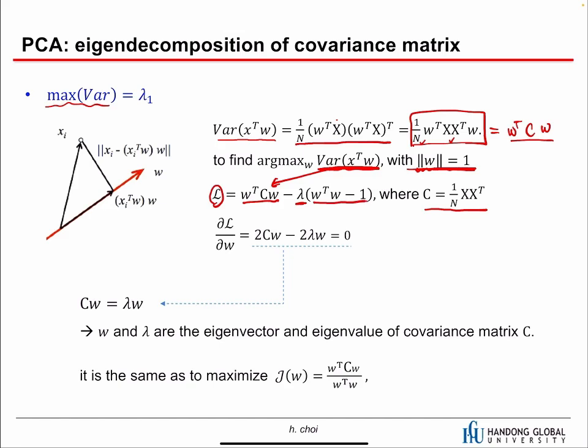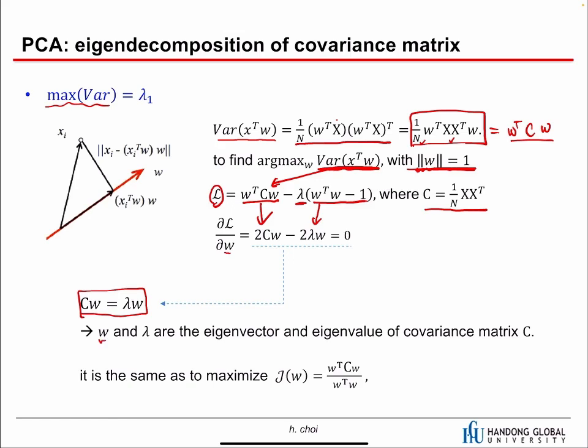Then the next step is to take a derivative with respect to w. This one goes here, and then we get this one: C w equals lambda w. This is exactly an eigendecomposition problem.